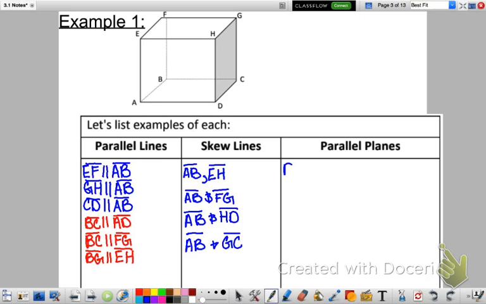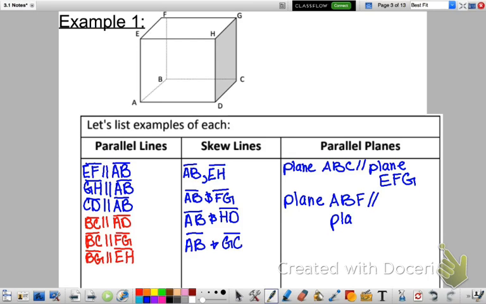If we look at plane ABC, that is going to be the bottom plane. It will be parallel to the top plane, which is plane EFG. The left plane, plane ABF, will be parallel to the right one, which is plane HGC.